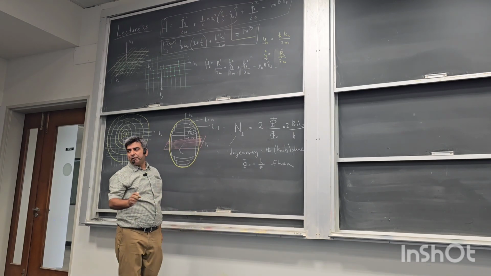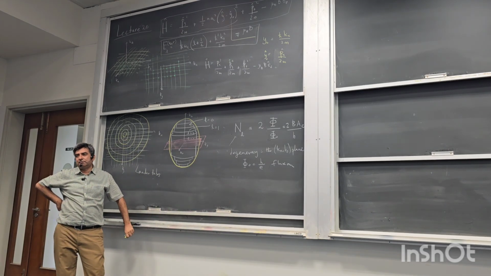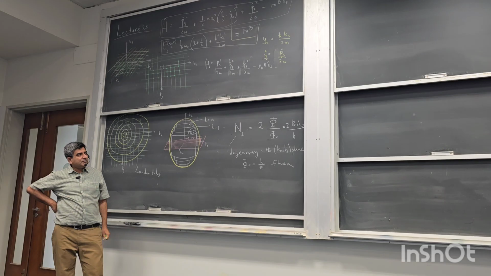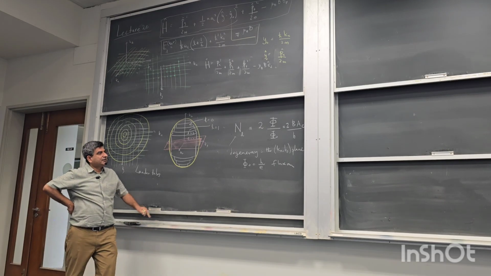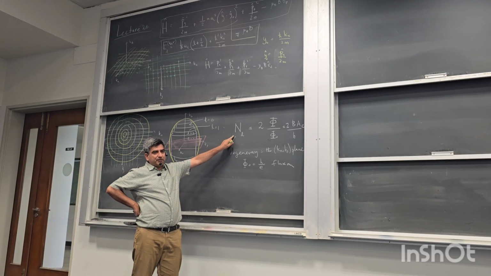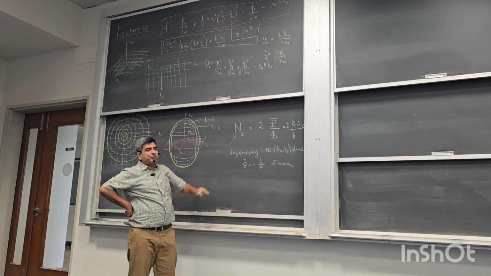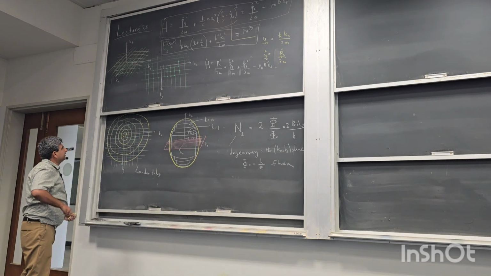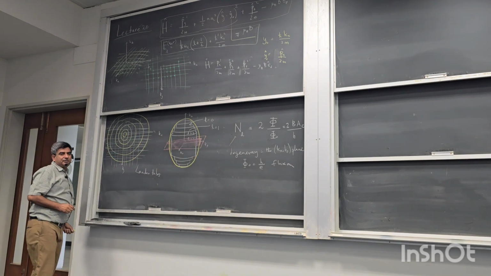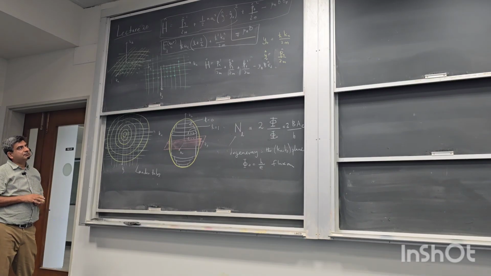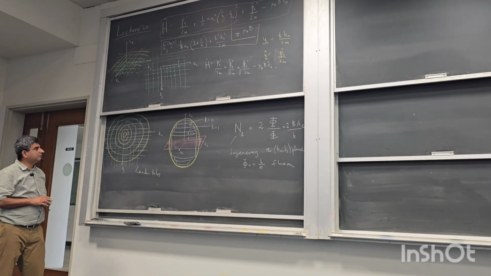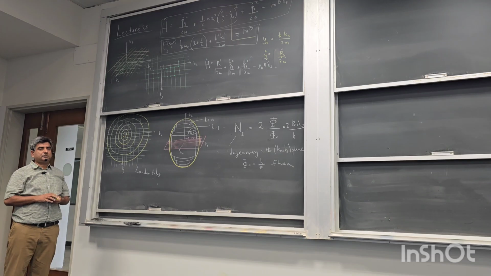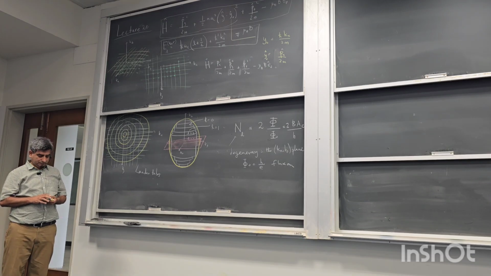Now if I were to increase the magnetic field, what would happen? The number of points on each tube will go up. But what's going to happen to the spacing between these tubes? The spacing will decrease. Why? Because you are bringing in more points, so the values are different, right?